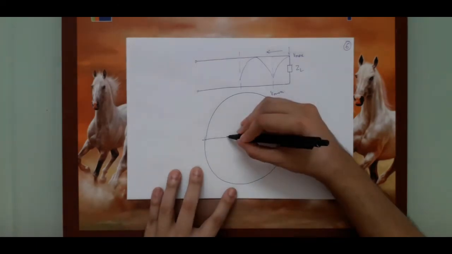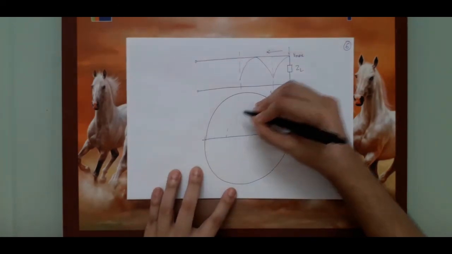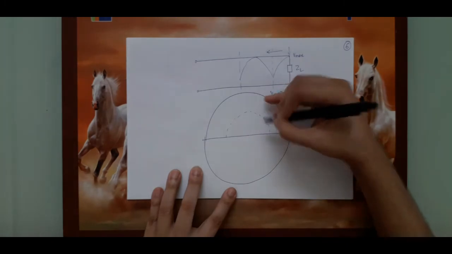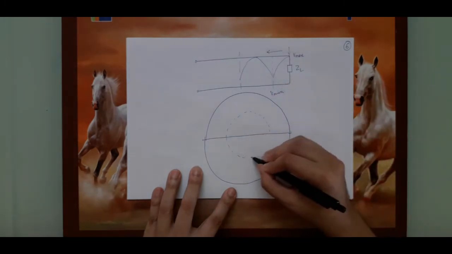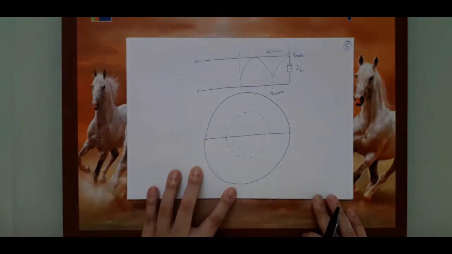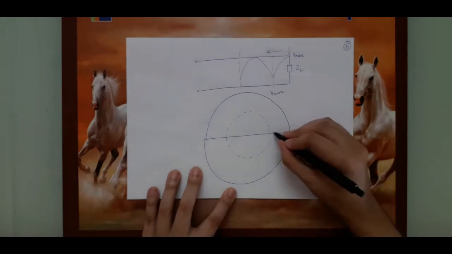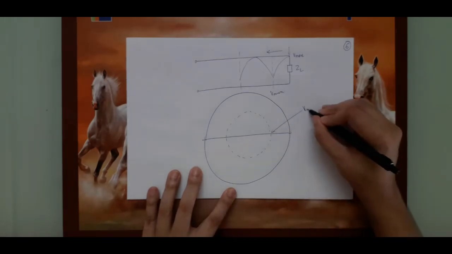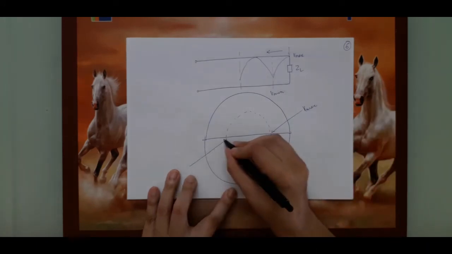Let us say this is the VSWR circle corresponding to that load. Now the load can be anywhere on this dotted circle. So if I know the VSWR circle, can I say at which point I will get Vmax? Yes, I can. I know that this is the point where I will get Vmax, and this is the point where I will get Vmin.